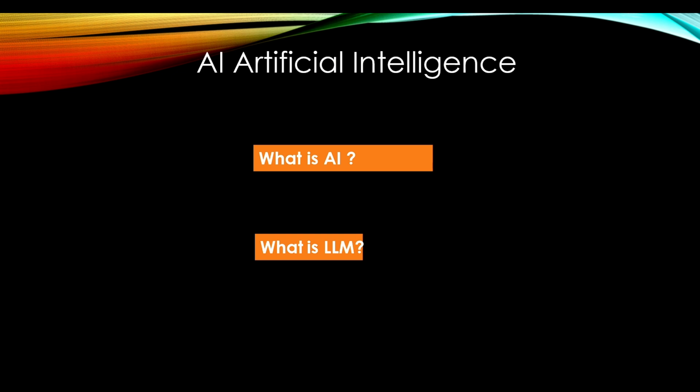But how can we use this in our Spring Boot application? Now there are many LLMs which are provided. So we have ChatGPT, we have Anthropic, we have Google Gemini. But since these are costly to integrate, we'll go with the free ones.